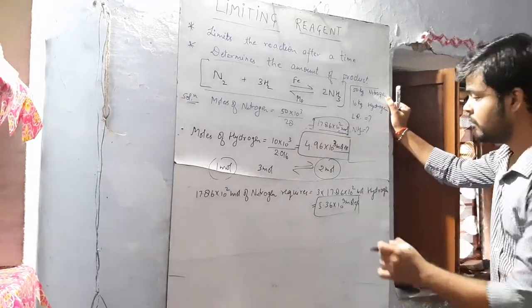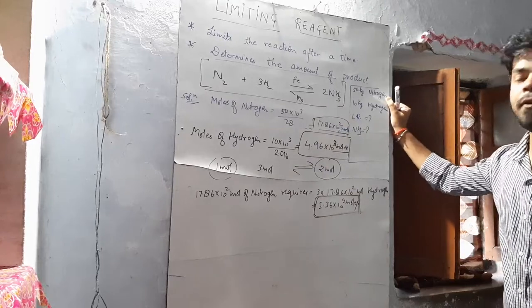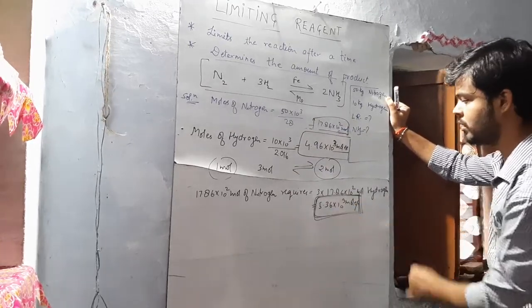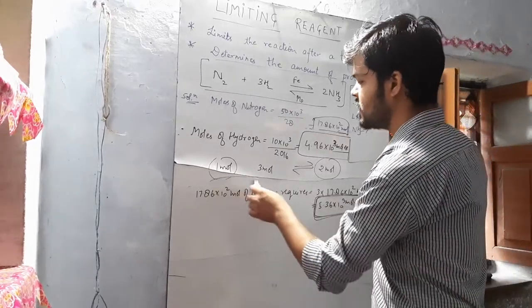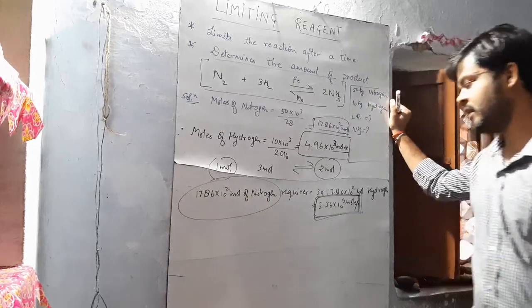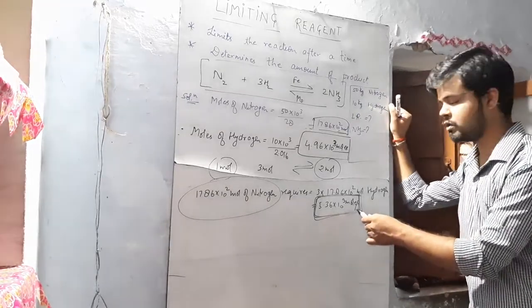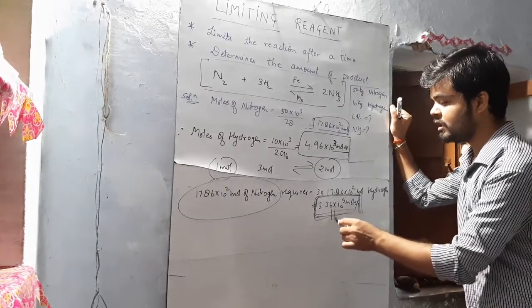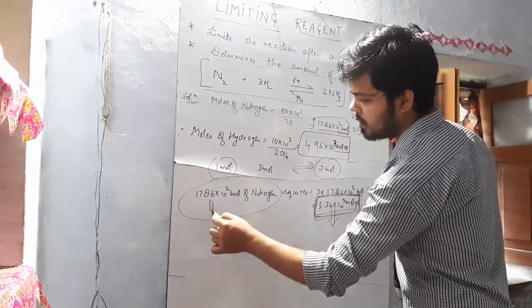Listen carefully. We have calculated the moles of hydrogen that will be required for the reaction with this amount of nitrogen, and it comes out to be 5.36 into 10 power 3 moles of hydrogen. This says that we at least need this amount of hydrogen to react with this amount of nitrogen.